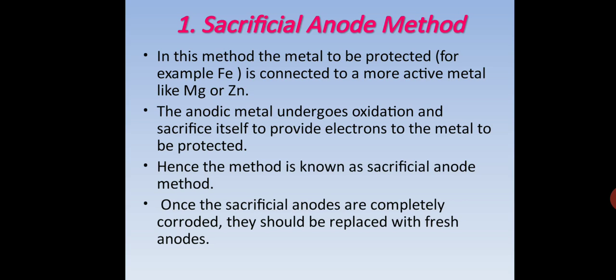For example, if we have a huge metal ship, we don't want to lose that metal ship. For that, we can adjust with some magnesium or zinc wires or slabs. So magnesium or zinc slabs are connected to that large metal structure, and hence that large metal structure is protected.